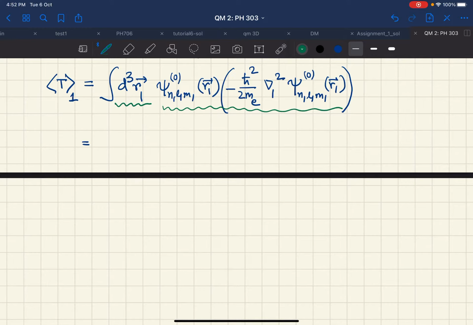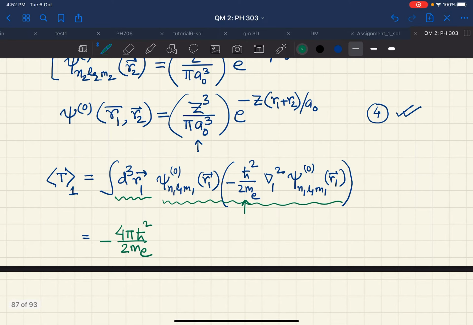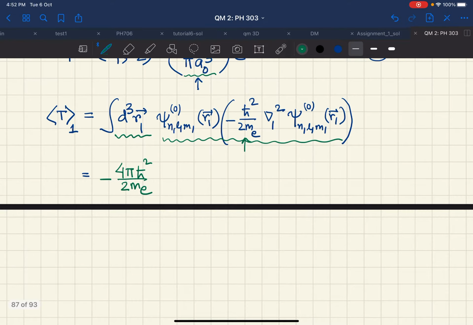So I can safely take this 4 pi out, and from here I can take the constants out, h bar squared by 2 times me with a minus sign, and of course these psi's have this factor of Z cubed by pi a0 cubed, so that also should come out.